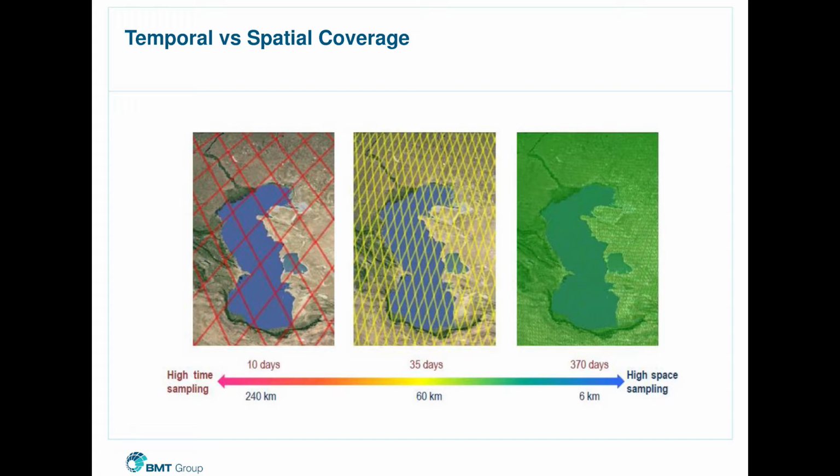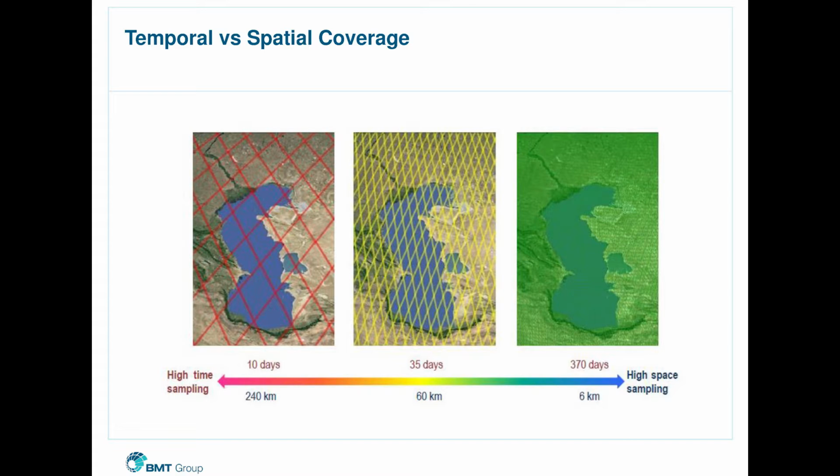So we're certainly not getting that single point continuous high frequency time series, and we've got the issues of orbit. There's a trade-off between repeat sampling rate and spatial resolution. So the finer the spatial resolution, the longer the repeat pass at a given point.